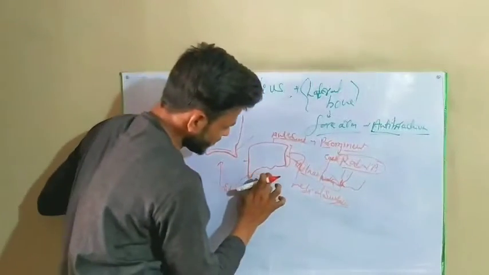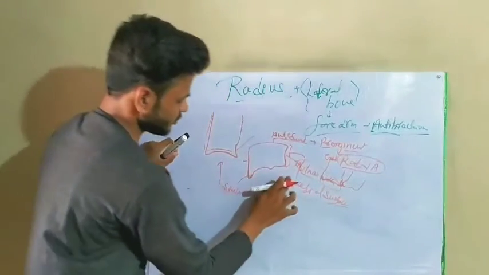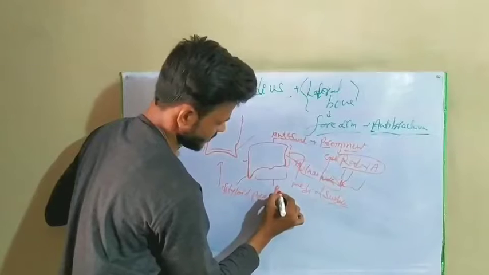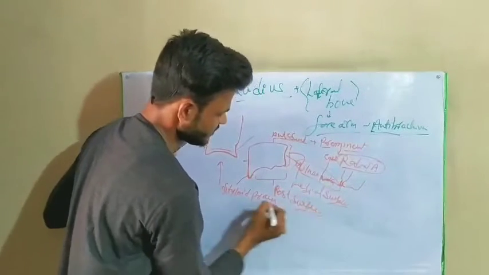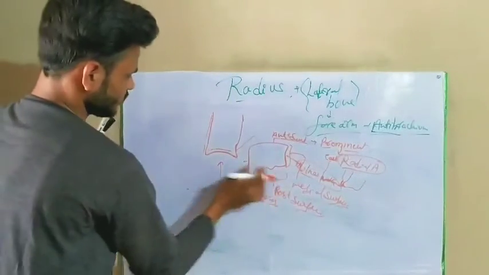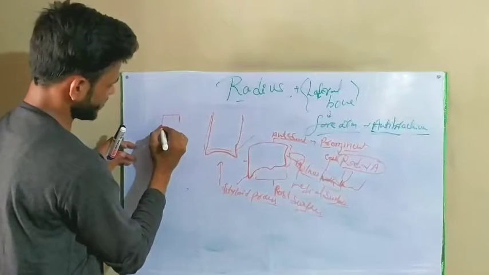And this surface is our posterior surface. I will draw a diagram of the posterior view of the radius.